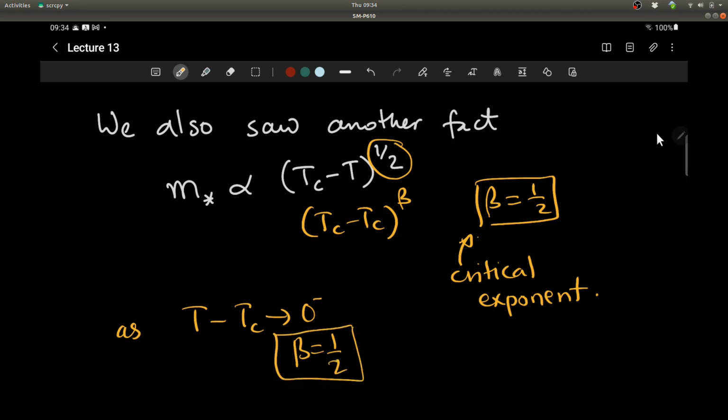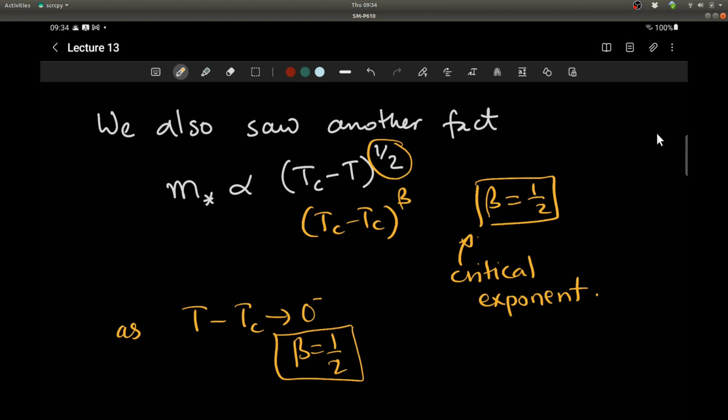Obviously there is something else called alpha, and I think gamma and delta also exist. Our prediction here is that if you're coming from below, it will approach 0 like Tc minus T power half. There are prefactors as well. Okay, so this is an example.